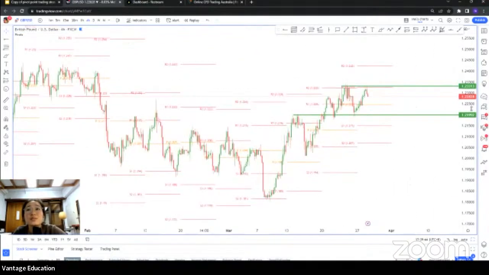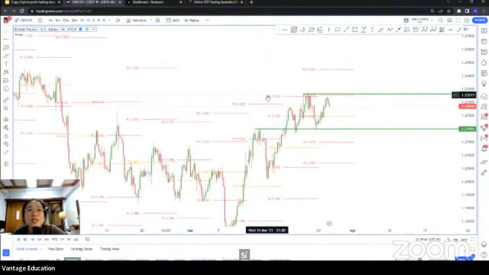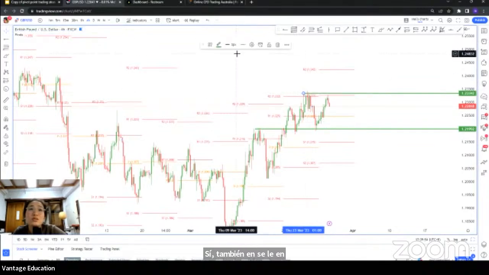Okay, let me zoom in. So here you can see the R2 and I have an R1 that line up nicely at where my first resistance is.